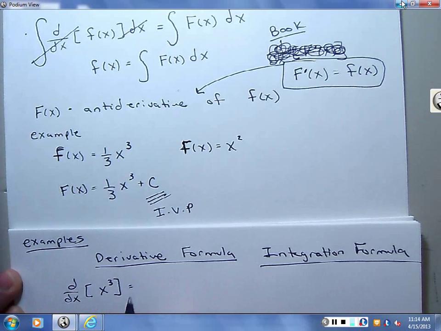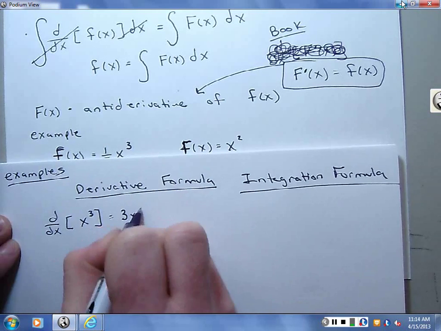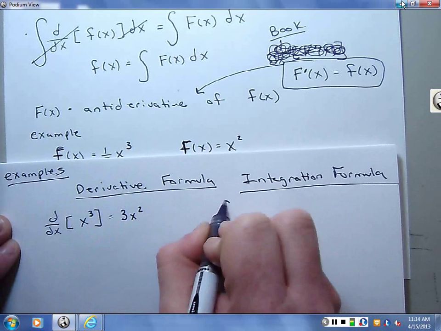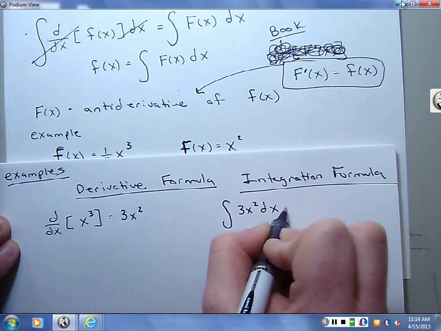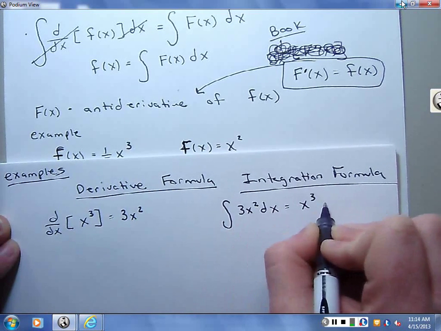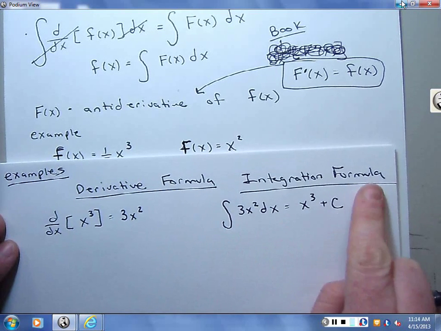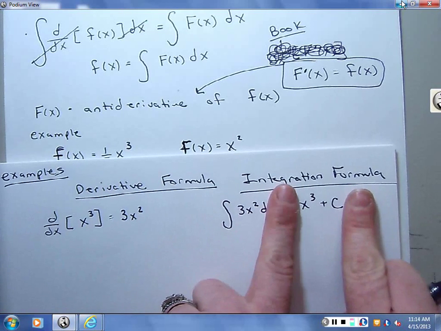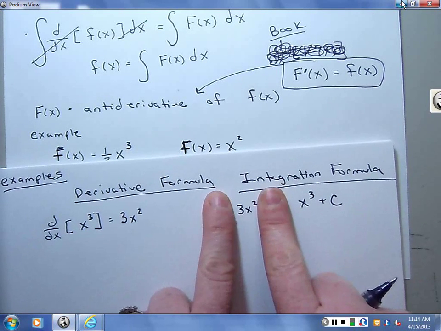What is the derivative of x cubed? 3x squared. So that would say if I integrate 3x squared with respect to x, I get x cubed plus c. The plus c comes with the integration formula. Because if I differentiate this, I get this. Right?